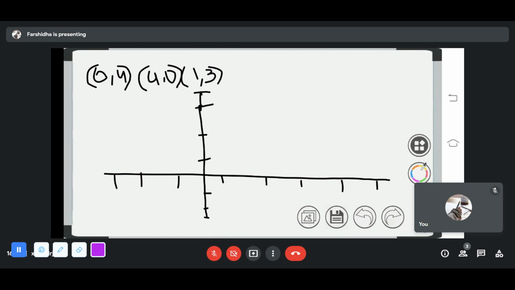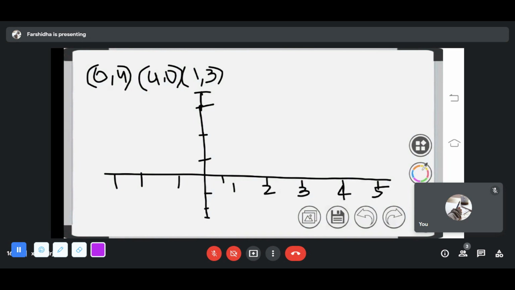On the axes we mark 1, 2, 3, 4, 5 and minus 1, minus 2, minus 3.